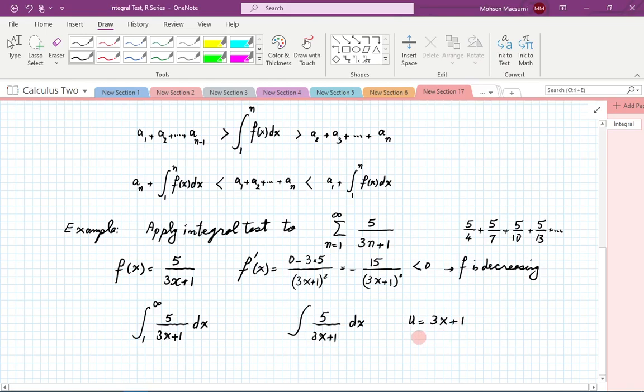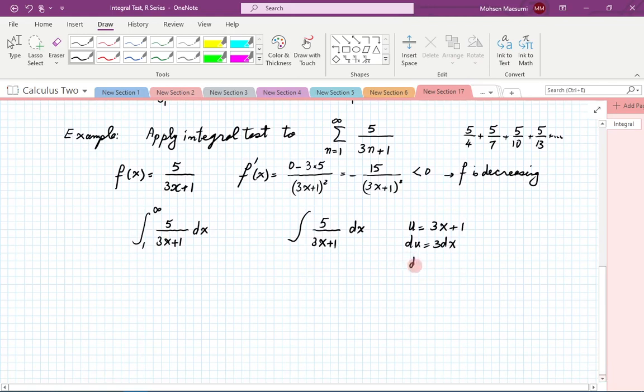If u is 3x plus 1, then du is 3 dx, and therefore dx is simply 1/3 of du. Our integral becomes 5 over u, times du over 3.